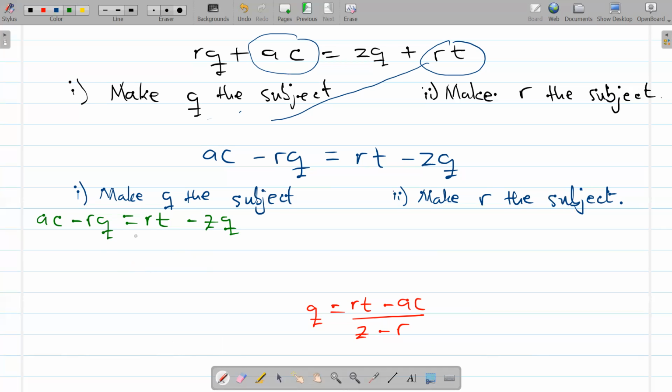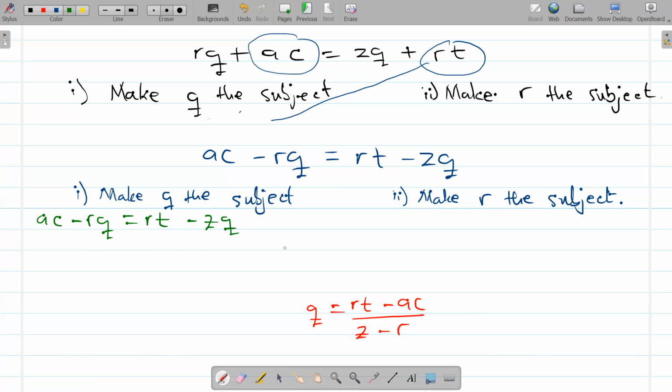It can also be on the right side. But this RT is positive, right? So why don't I bring the negative to the other side? Because if you have negative, then it confuses you. So this is AC minus RQ is equal to RT minus ZQ. What I want to do is to move the negative RQ to the other side.